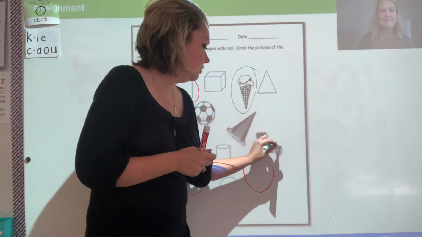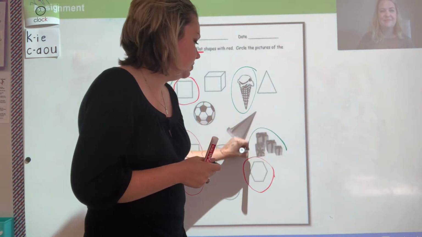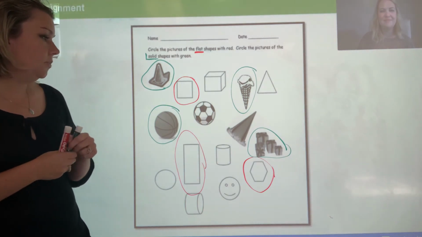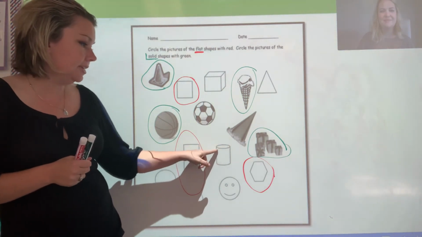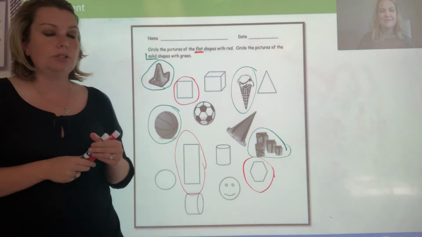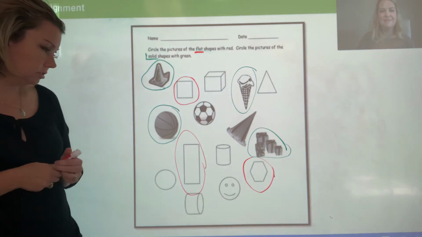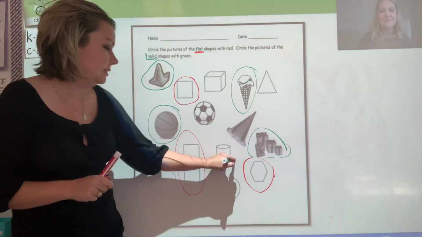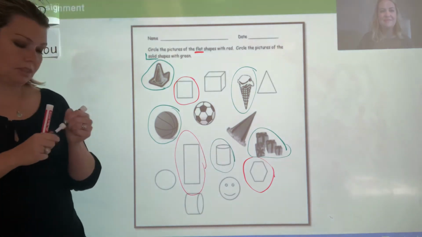They're going to be green. They're a solid shape. Yes, there you go. You got it. Good. Okay, what about, this is kind of tricky, this one right here, this cylinder. What am I going to color that cylinder, Nicole? Green. Green, a cylinder is a solid shape.